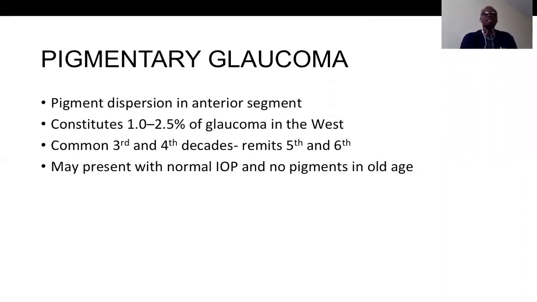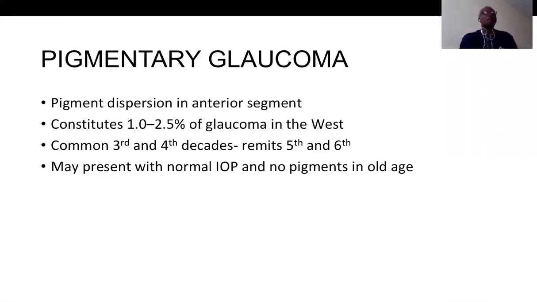So this means that some patients may present with normal IOP and no pigments in old age. What the implication of this is that some of these patients may be labeled as normal tension glaucoma, since they won't have any pigments in their angles, and then the IOP may be normal despite the fact that there's this damage.